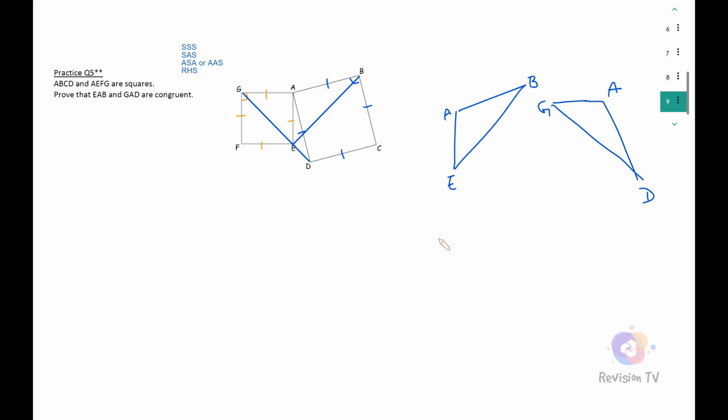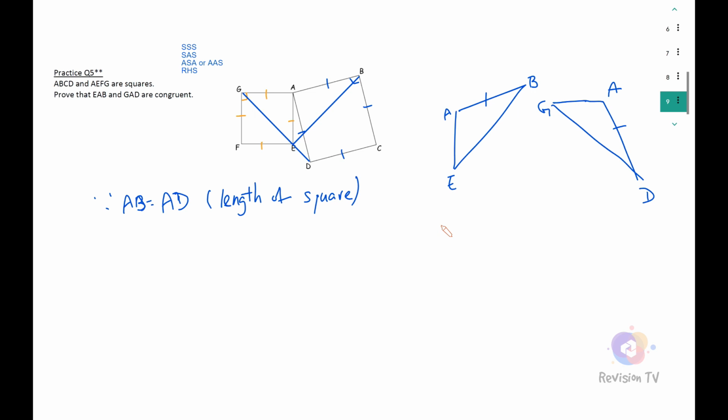Right, so let's have a look at what we need to prove. Now we know, first of all, length of AB is the same as length of AD. So AB is the same as AD because of the length of a square, they're equal.